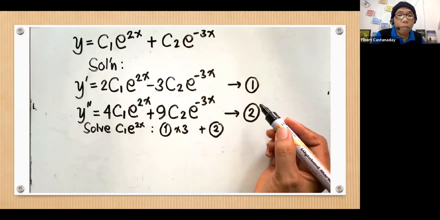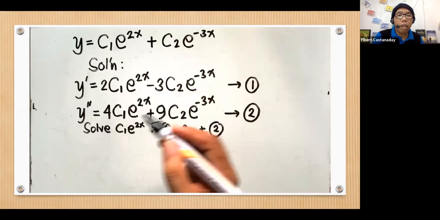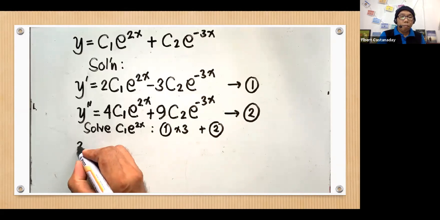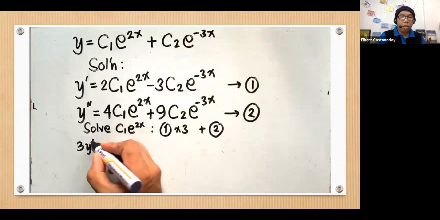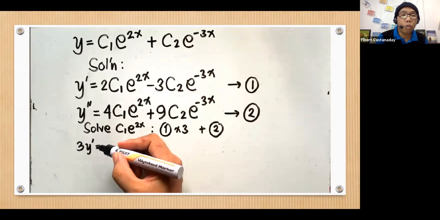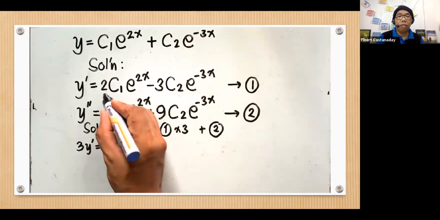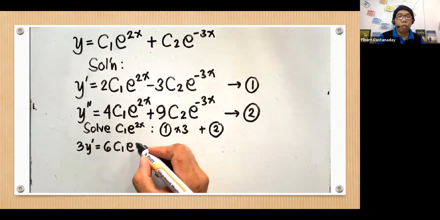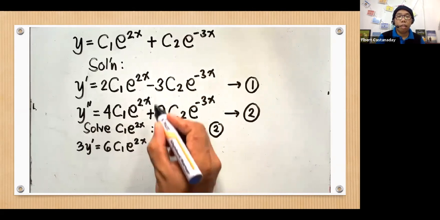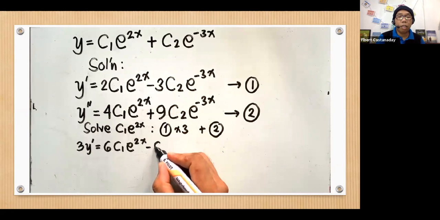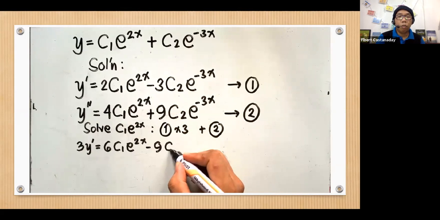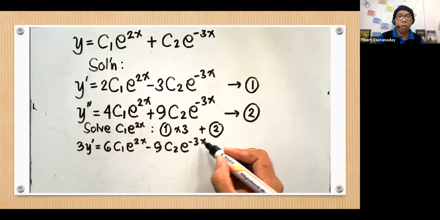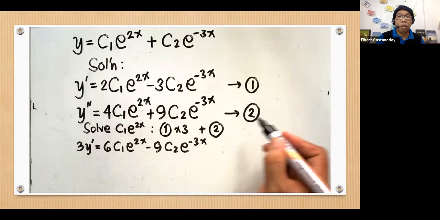So 3 times y prime. Okay, take note, equation 1. So we have 3 y prime equals, and 3 times 2, you have for the first term 6 c sub 1 e raised to 2x. And then 3 times negative 3, you have minus 9 c sub 2 e raised to minus 3x.